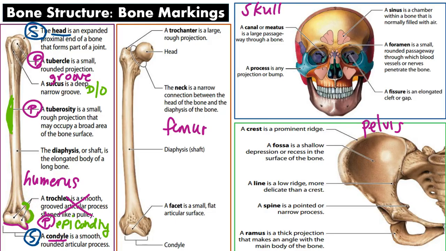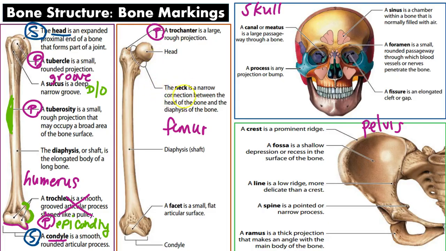Let's move on to our femur bone here. And let's get into if we see projections, depressions or openings, or surface. So first we have a trochanter, and a trochanter is going to be a projection. Okay. It's going to be another projection. The head here is just the same kind of head we talked about before as a surface.